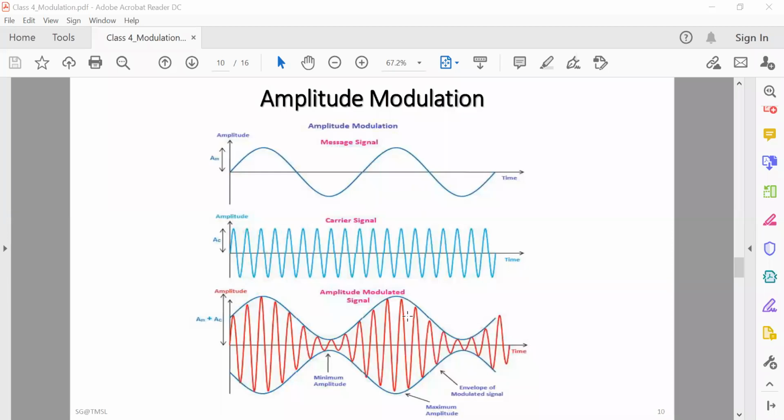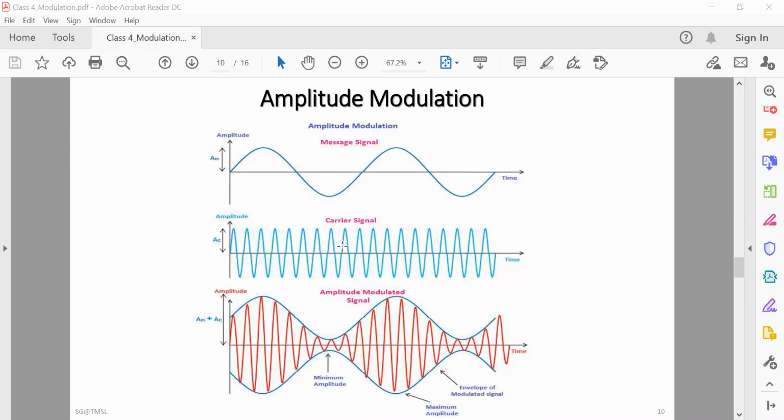This is the receiving end side wave. Actually it is a combination of my message signal and the carrier signal, so I need this signal only, because the information is in this signal, not in this portion.